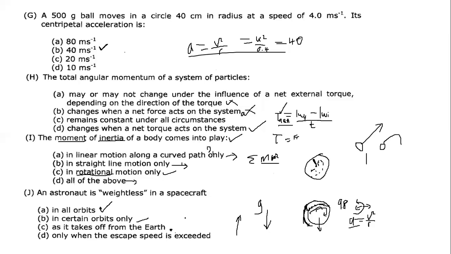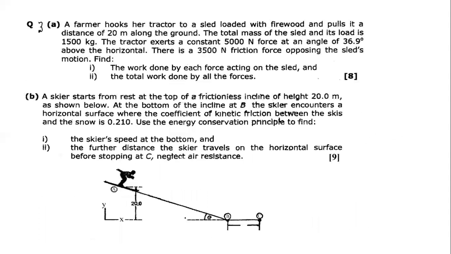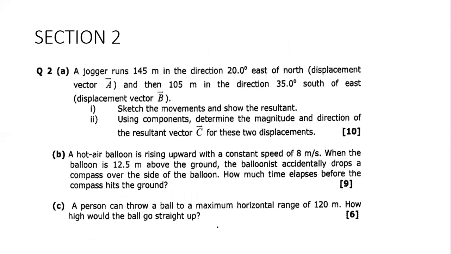But I also wanted to quickly talk about this question, which most of you got wrong. They are saying a person can throw a ball to a maximum horizontal range.